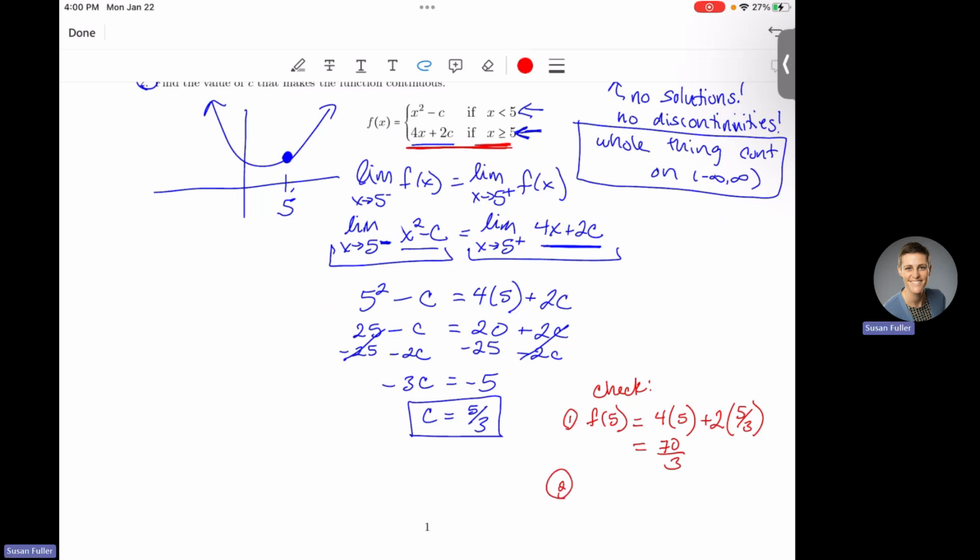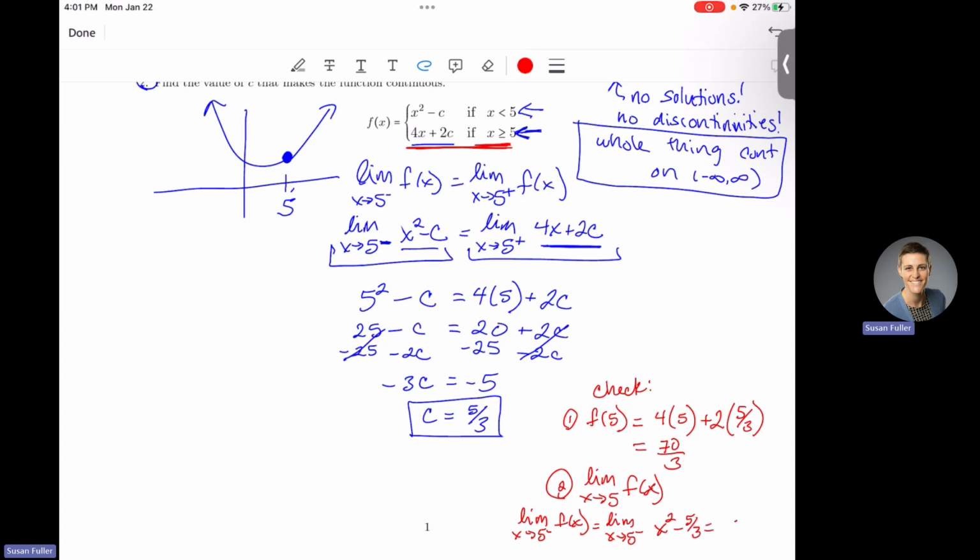And then we have to make sure that the limit as x approaches 5 of my function exists. Well, in order for that limit to exist, we have to check the two-sided limit. Limit as x approaches 5 from the left is going to be the limit as x approaches 5 from the left, again, of x squared minus c, which is 5/3.